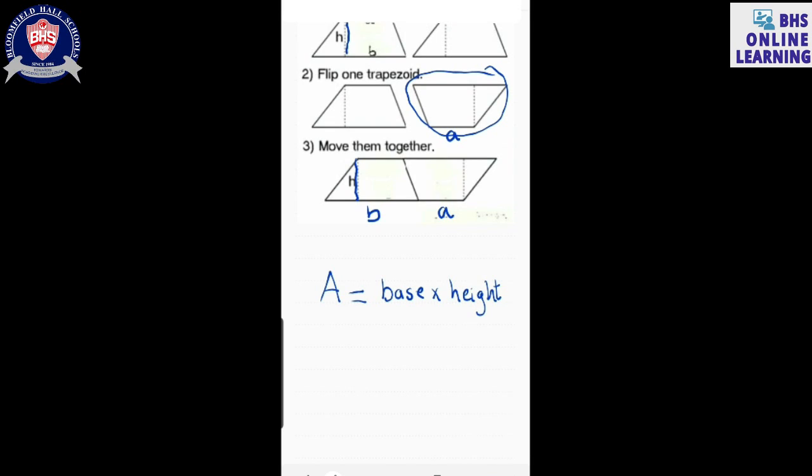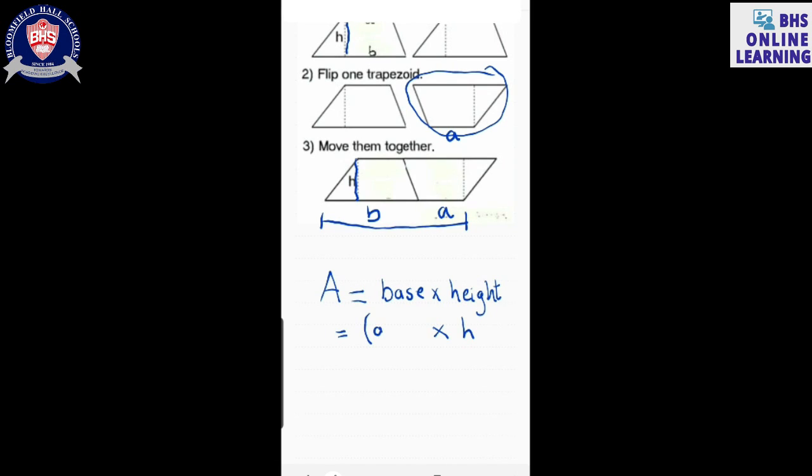So we will write H over here. But when we look at this parallelogram, this entire base is A plus B. We cannot consider only B, and we cannot consider only A. So the entire base would be A plus B.